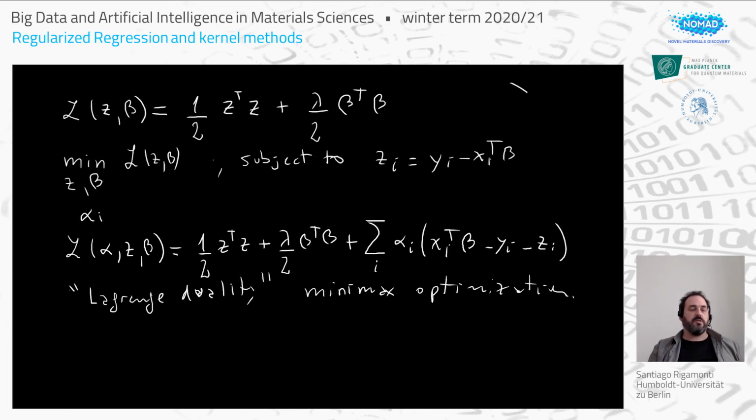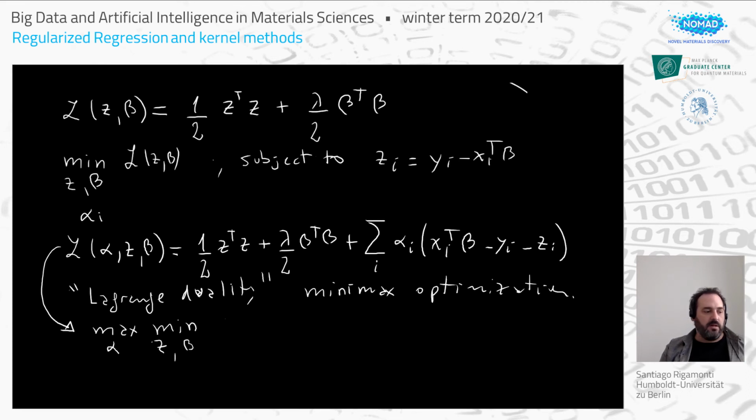We recognize that the solution of this Lagrange duality is calculating the maximum with respect to the Lagrange multipliers of the minimum with respect to the auxiliary variable zeta and the parameters beta of our Lagrangian L(alpha, zeta, beta).